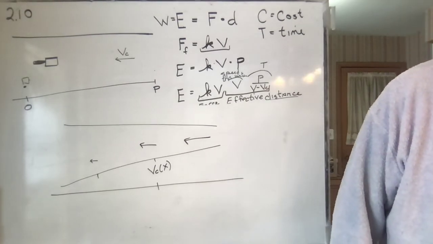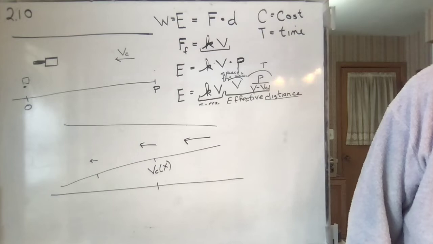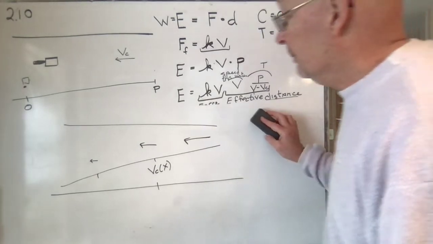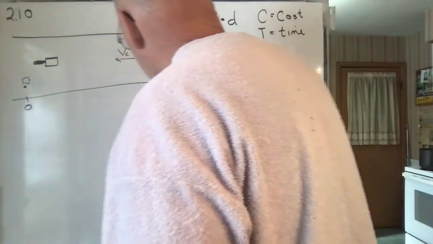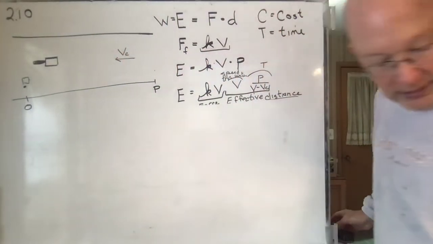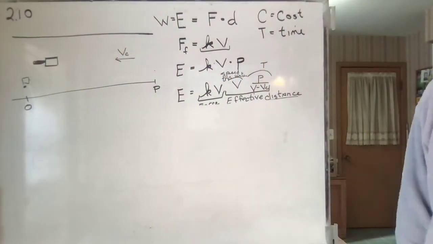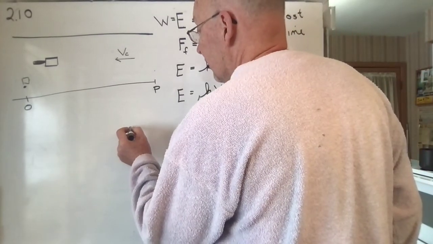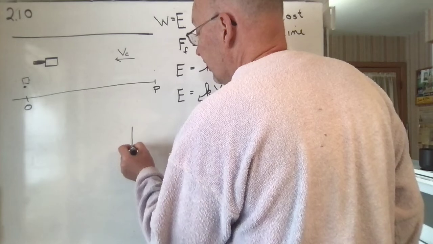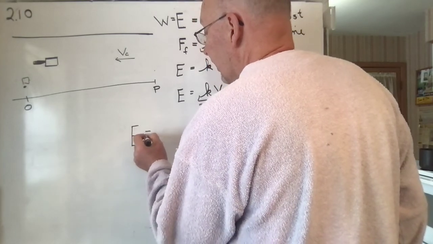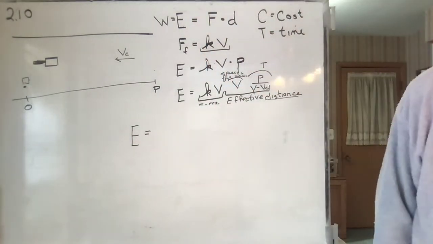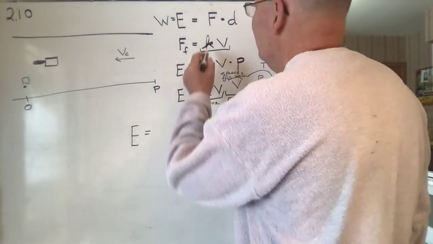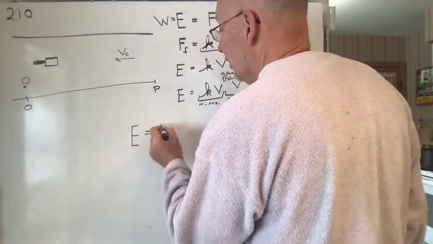So let's look at this one. This is Roman numeral number 5 now. If you look at that, you'll see, and again, I'm giving you an augmentation of what's already in the textbook, but the energy, notice, is going to be the force times the distance, same as before.